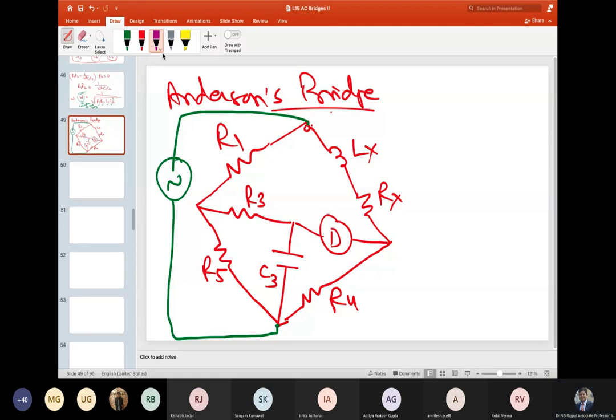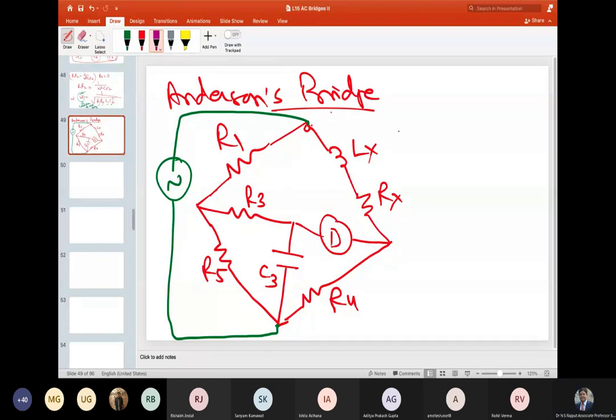Ishita? Ishita, are you there? Yes, sir. How would we solve this? How to handle this weird looking bridge? We have to obtain the balance condition, right?